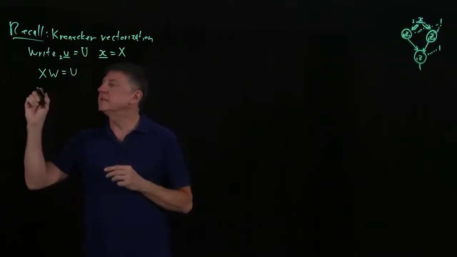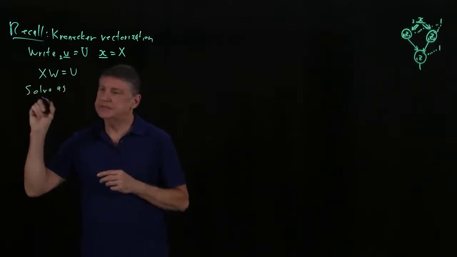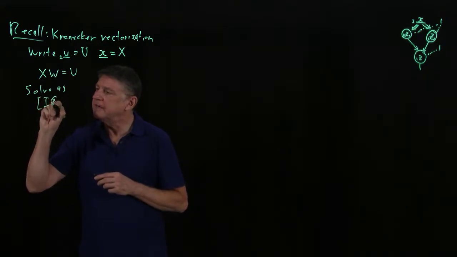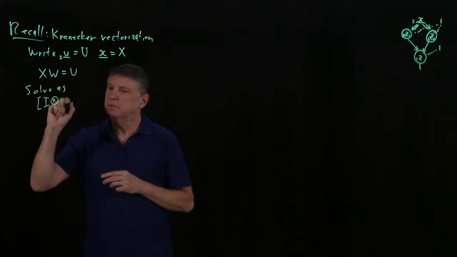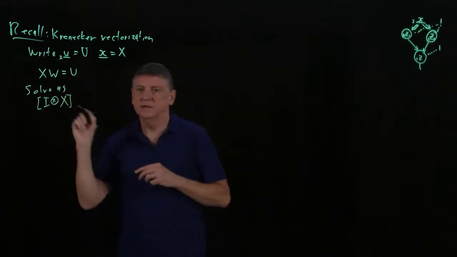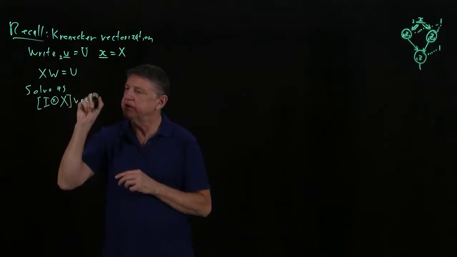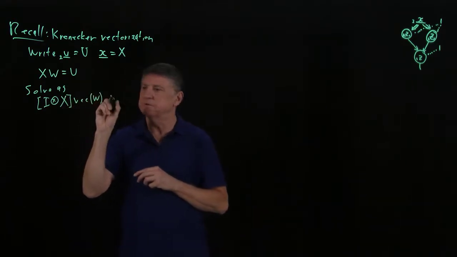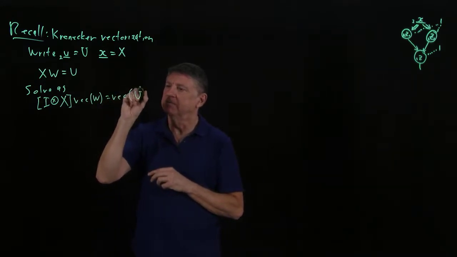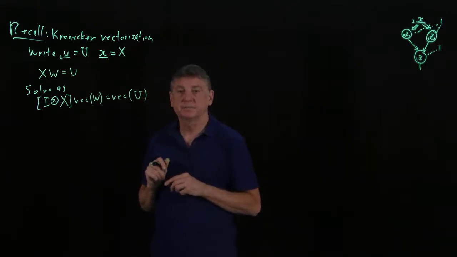So we'll write this so we can solve this as I, the identity Kronecker product with the design matrix times the vectorization of the weight matrix is the vectorization of the linear response matrix.